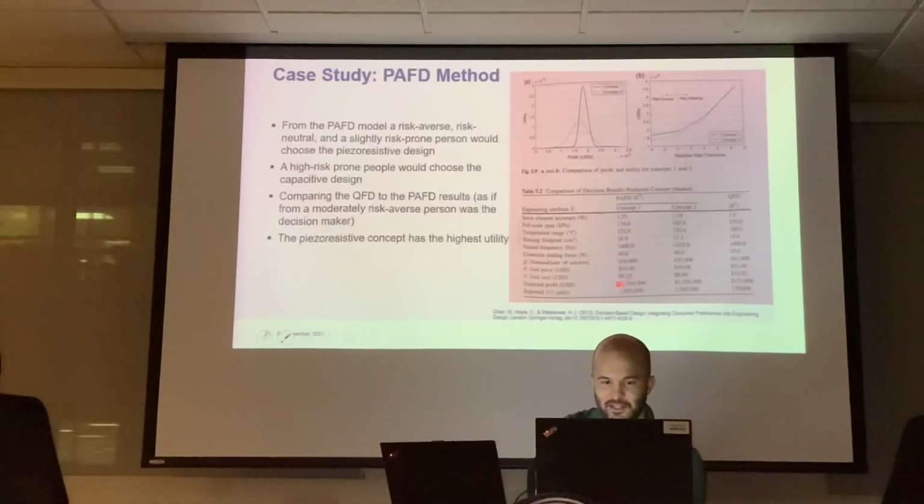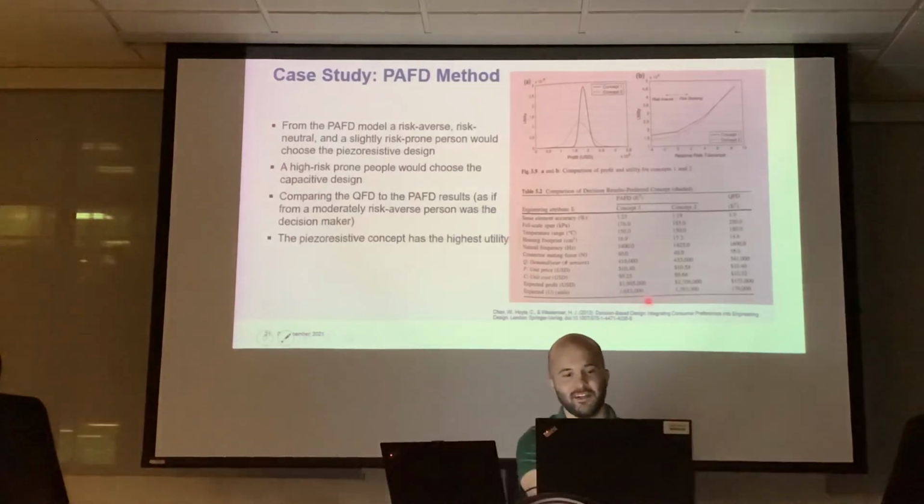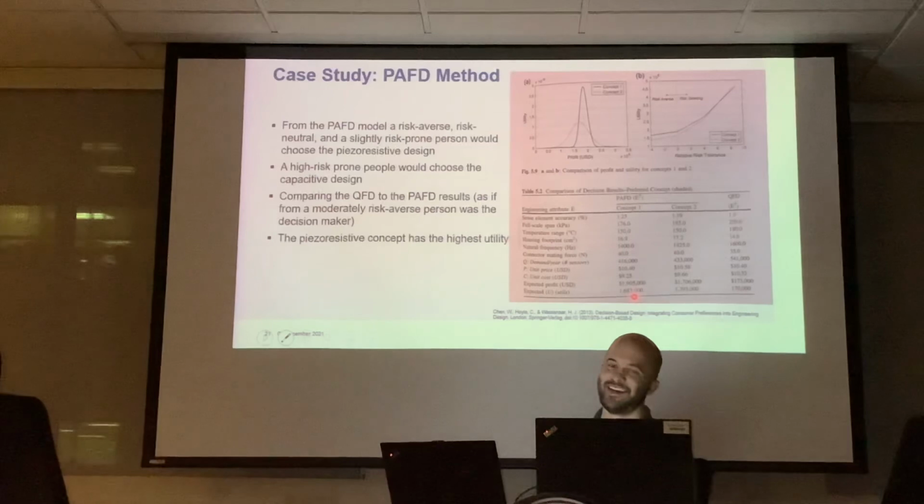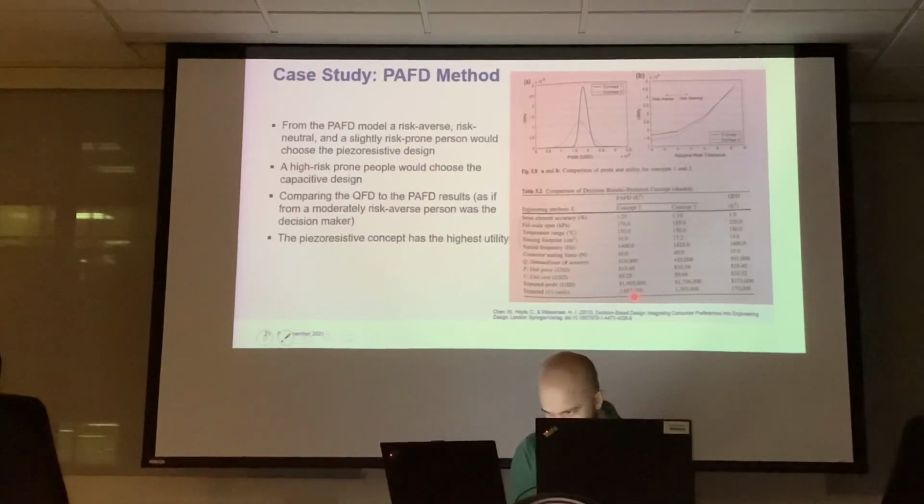So as you go down the table and multiply out and calculate the utility, that's why the utility is so much lower for the QFD than the PFD. And thus the reason why the PFD method is a more accurate way to choose than the QFD.